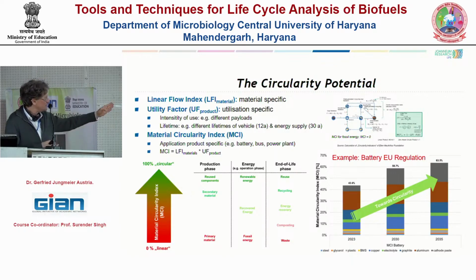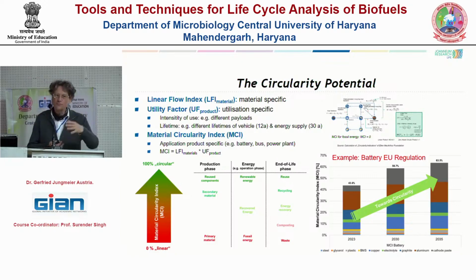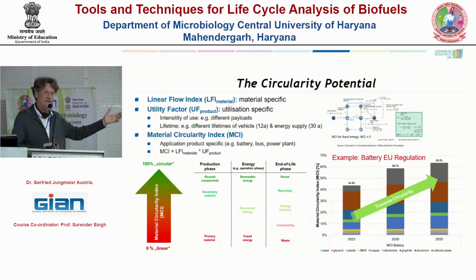When you use these data, you see that the current battery produced in Europe roughly has a circularity of 40%. But in 10 years, when this regulation is fully implemented, you're at more than 60%. And this is the nice thing about this indicator: you see with which measures you're able to increase the circularity or the circularity potential of your product.